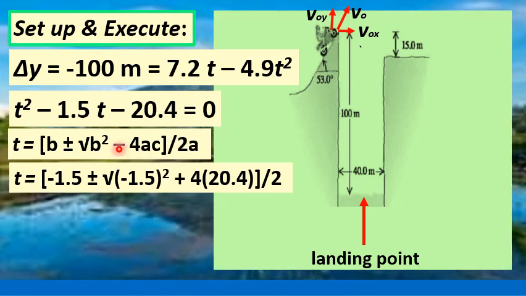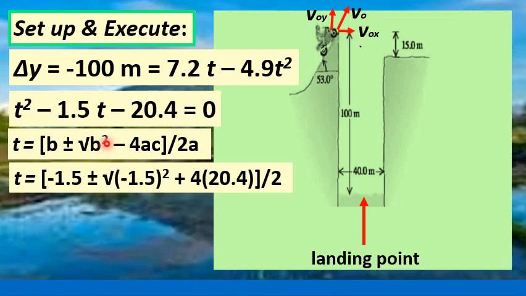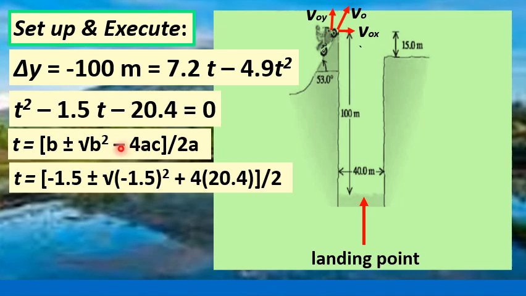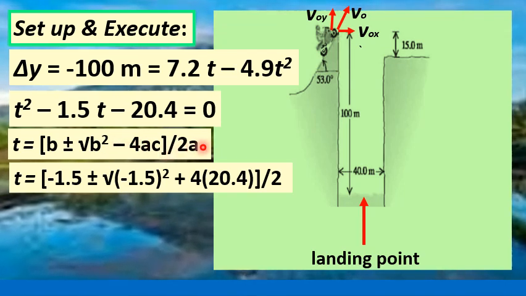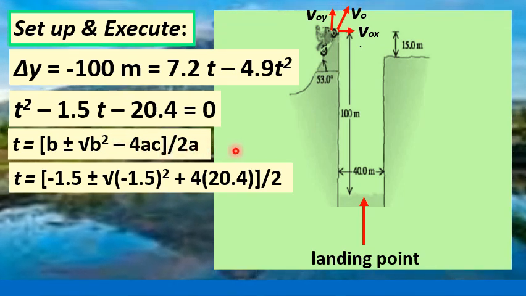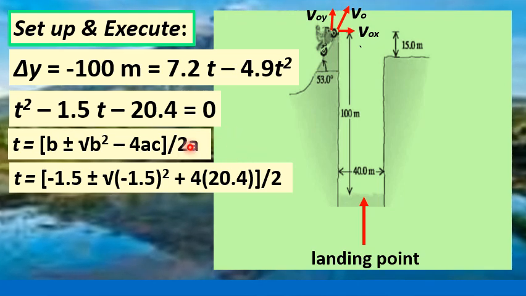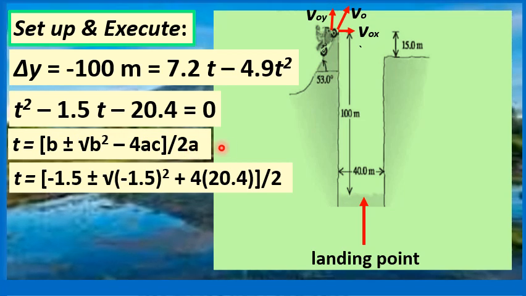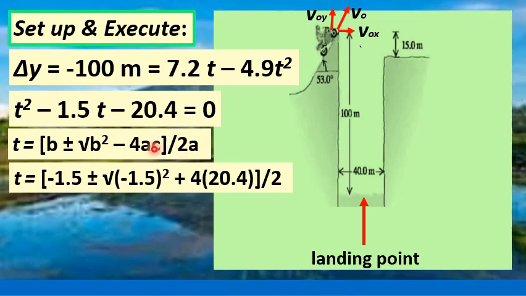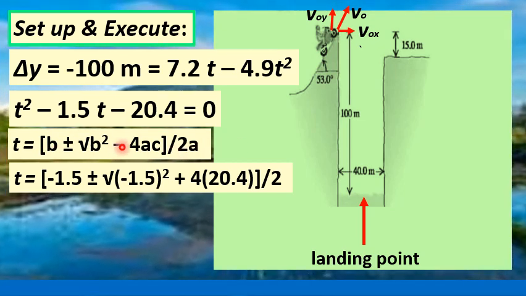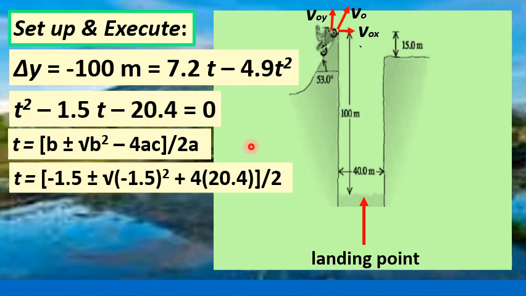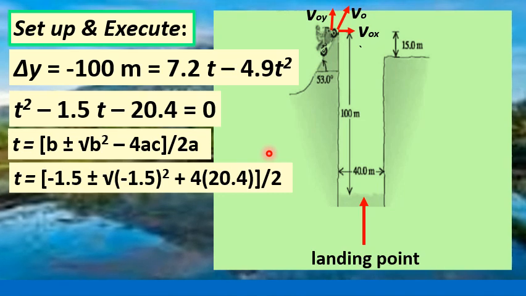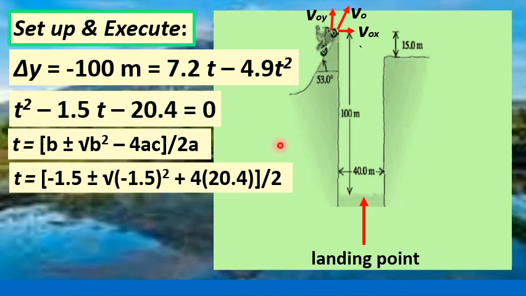So inside the radical sign, we have the square of negative 1.5 plus 4 multiplied by 20.4. And the whole of this, all the terms, is to be divided by 2 times the numerical coefficient of a, which is understood to be 1.